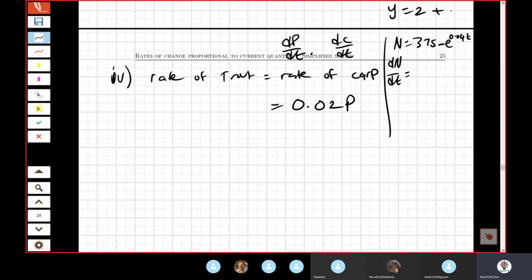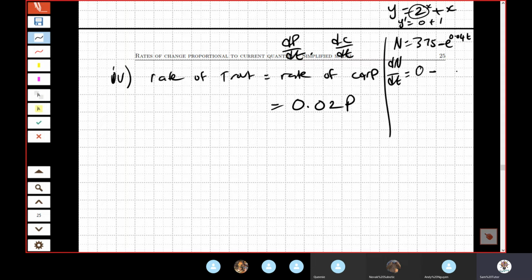If I said differentiate this, what's the derivative of 2? Plus the derivative of x? 1. So constants that don't have x's just became 0. Constants that are not attached to time are just going to become 0. So 375, gone, nothing. This one here has the time, so minus.